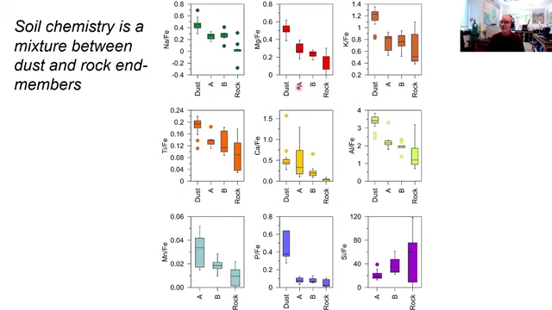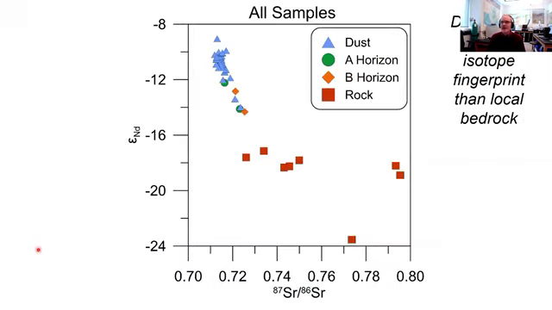And what I'm really trying to show you here is that in nearly all cases, the dust and the rock represent end members, essentially, where a particular element might have a really elevated ratio in the dust and a relatively low ratio in the bedrock, and the soil is in between, helping emphasize the idea that these soils are a mix of dust and rock. But the A horizon is generally more similar to the dust than the subsoil, which provides the additional nuance that these soils are being conditioned by dust deposition on the surface.